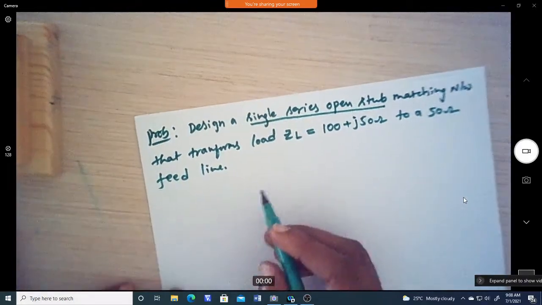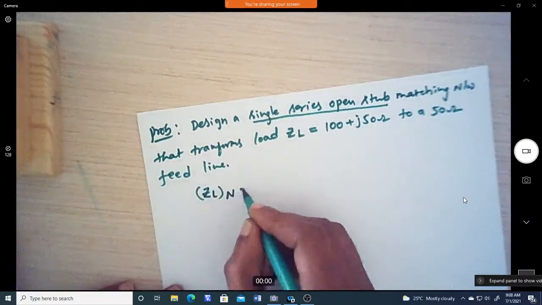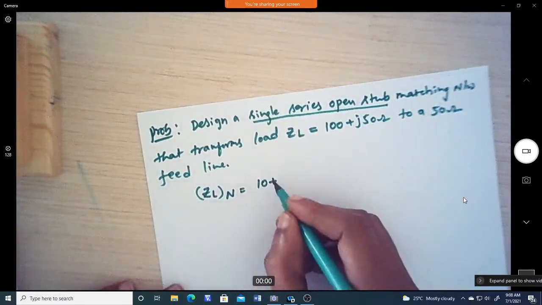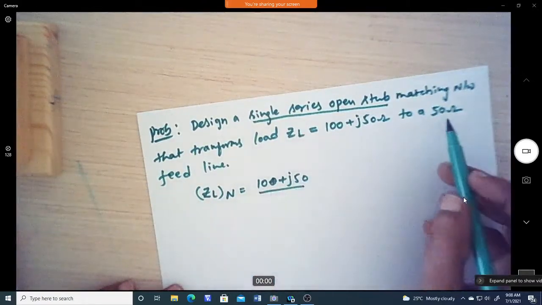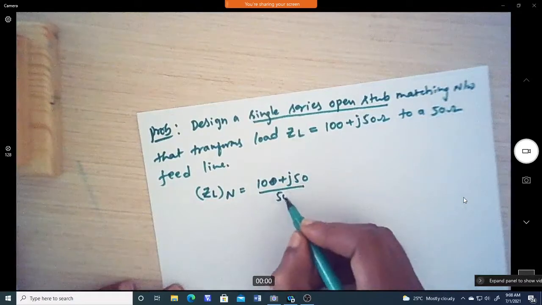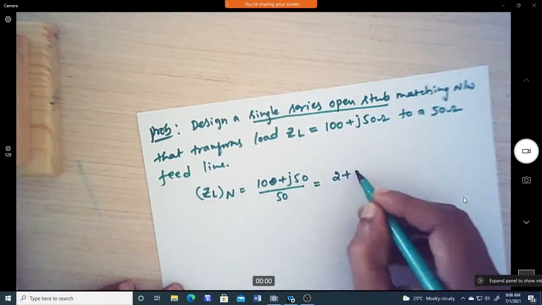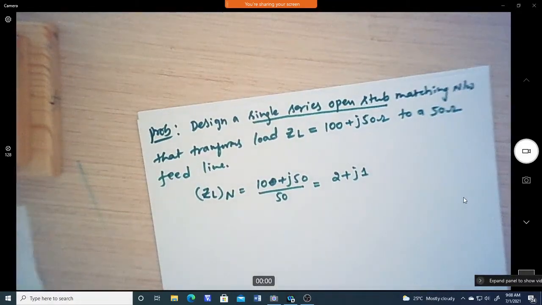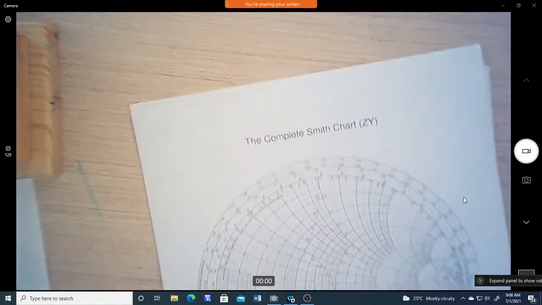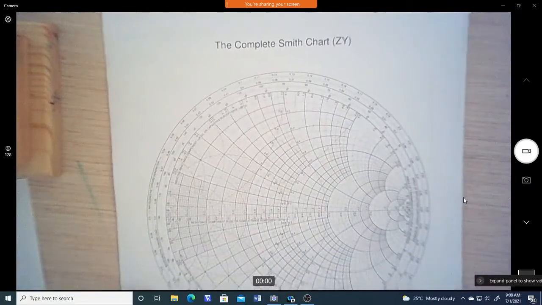So now the first step, we need to use the normalized value. So normalize that value, 100 plus J50. Since we need to match it to 50 ohm, we divide by 50, the characteristic impedance. So we are going to get 2 plus J1. So now locate the value of the normalized impedance in your Smith chart.